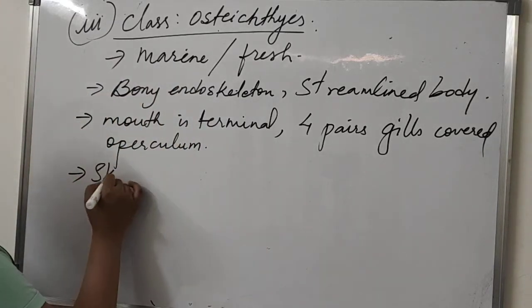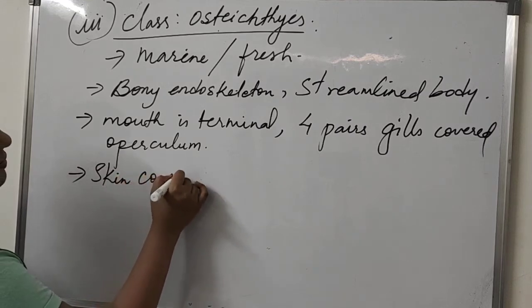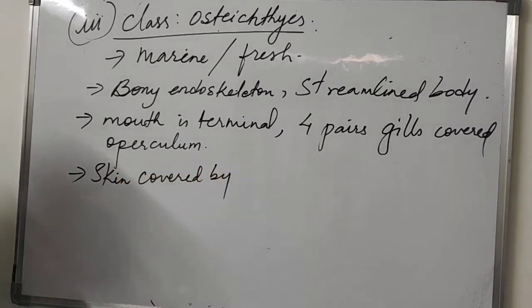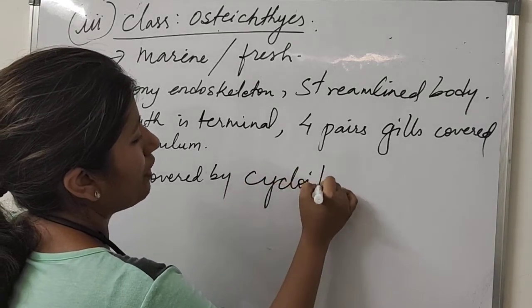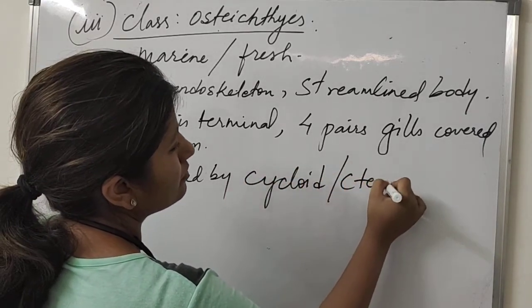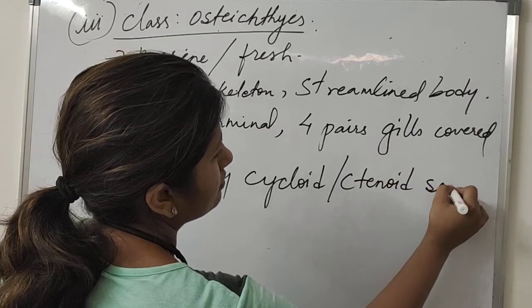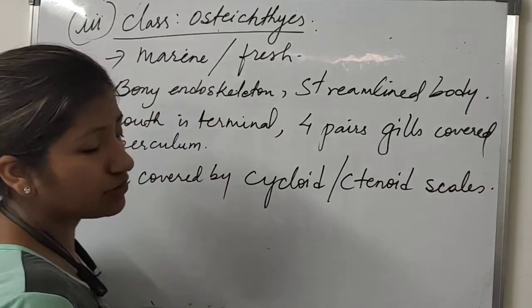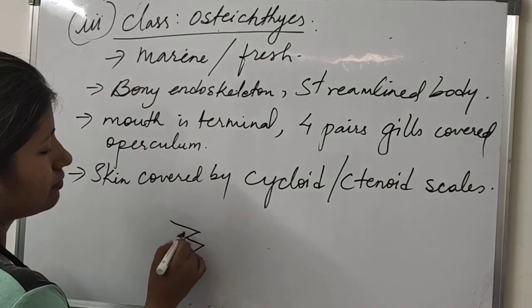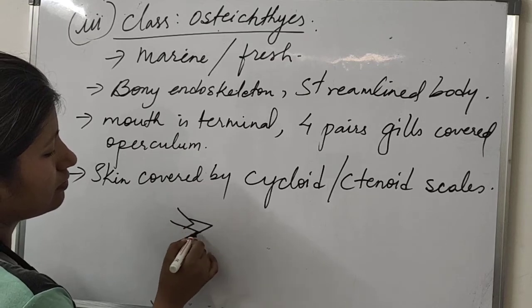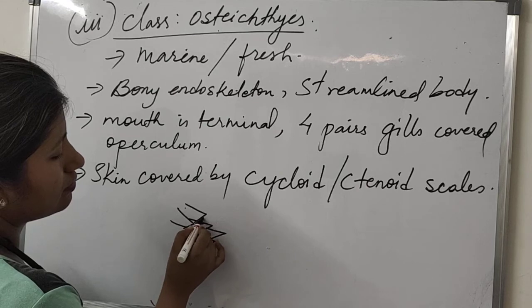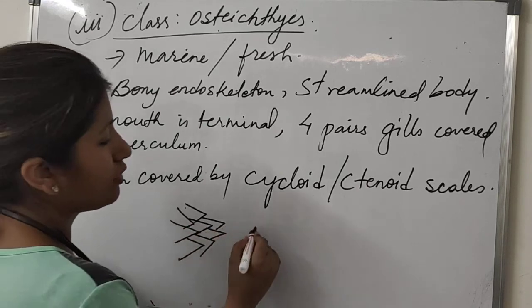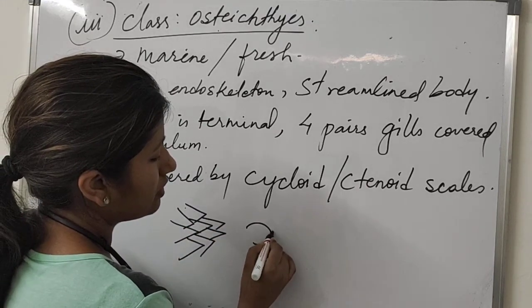Skin is covered by cycloid and ctenoid scales. We have seen how placoid scales are like this. Placoid scales. So cycloid scales are like this.